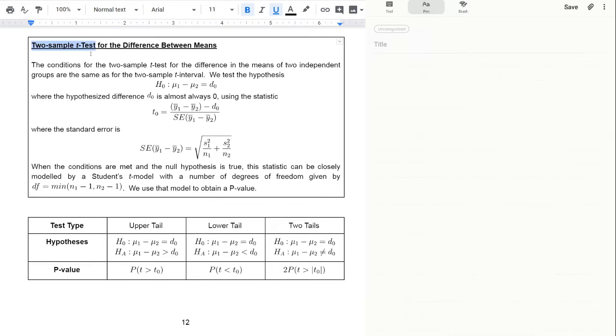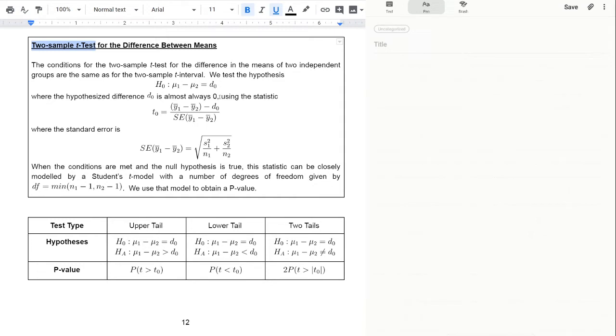Now, for the null hypothesis of the two-sample t-test, we will be looking at the difference between the two population means, so mu1 minus mu2, and this will be equal to some hypothesized difference, which we will call d naught. And in most cases, this value will almost always be 0.